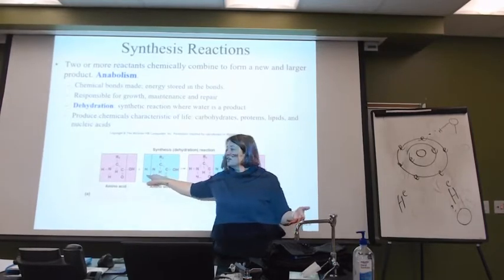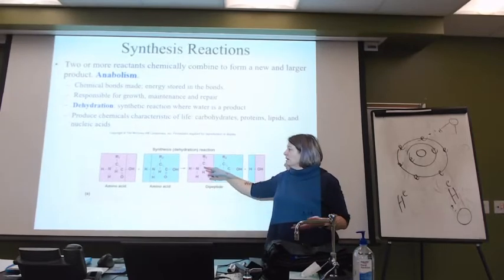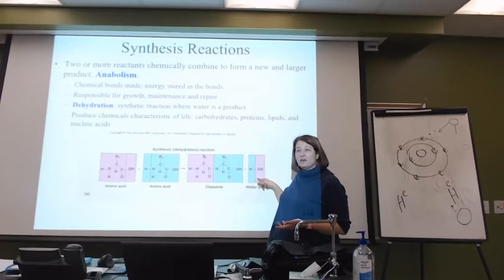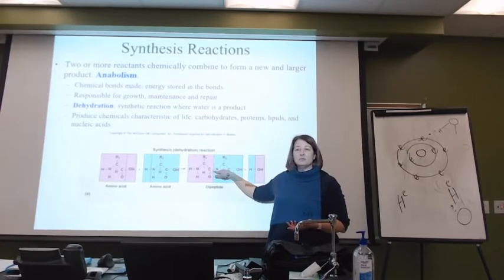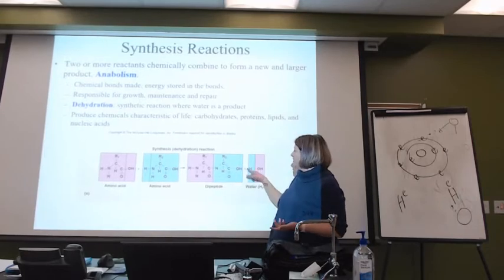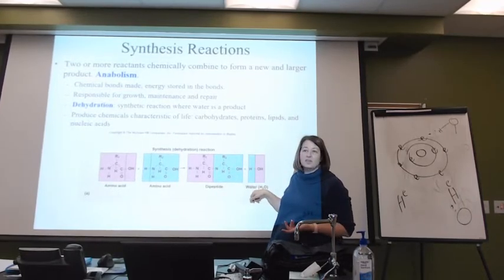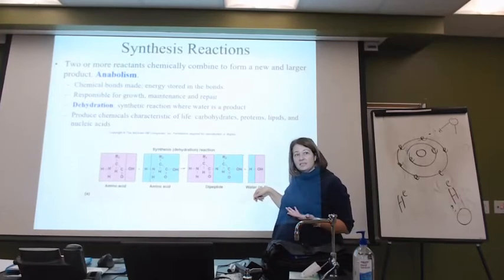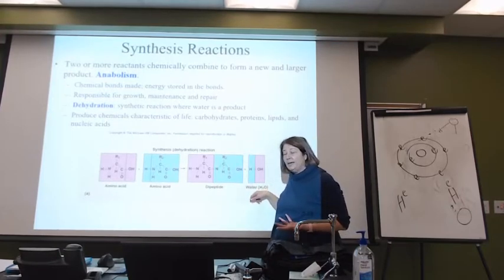Water. So if I put those two together, that's what broke off. And therefore, a bond was made, energy was stored, and water was given off. That's kind of cool, okay?